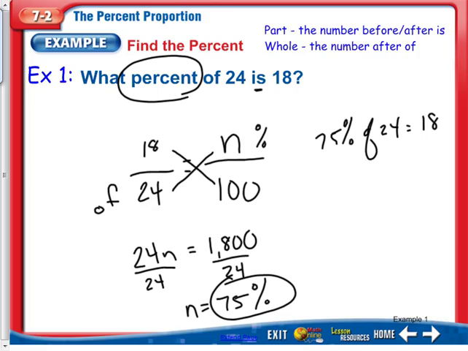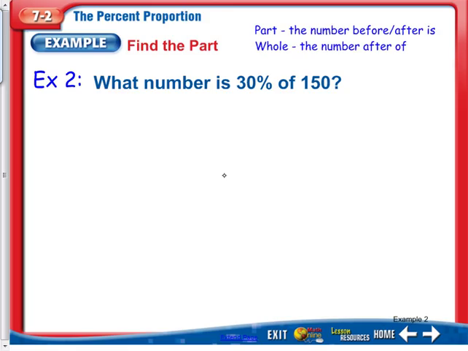So again, this takes us back to lesson 7-1, except now we're dealing with fractions and we're creating these proportions. All right, in example 2, it says what number is 30% of 150?